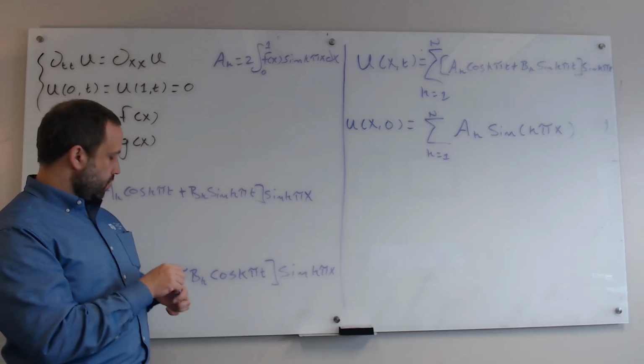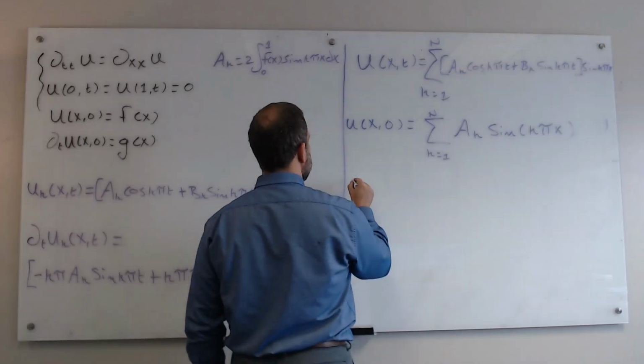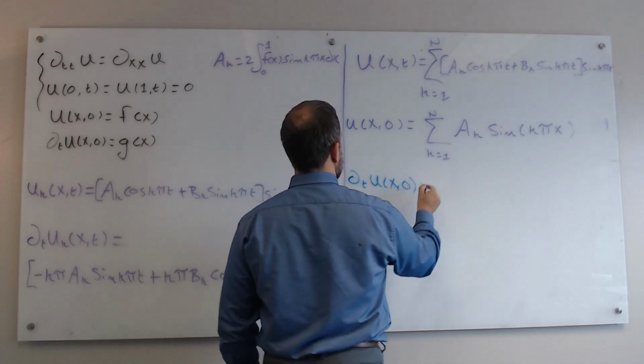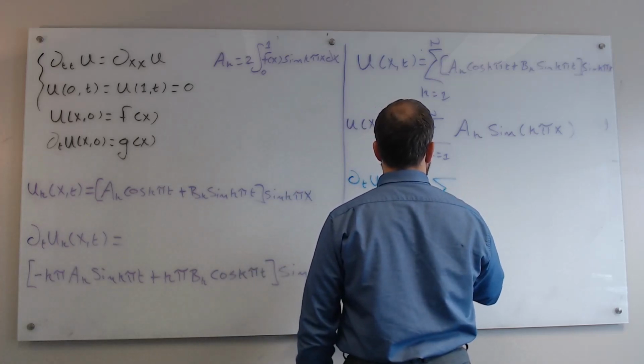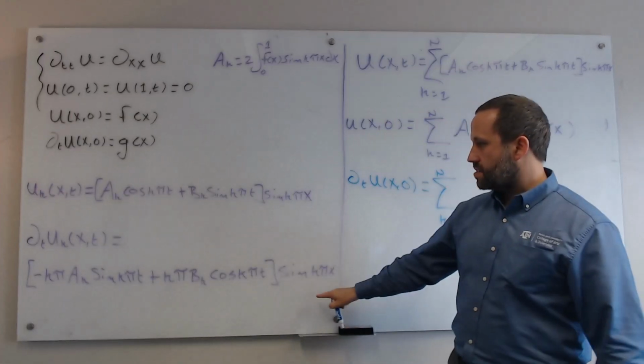Okay, now similarly, I need to see what happens when I take a derivative. So the t derivative of u at t equals 0 should equal g of x. Well, what's going to happen? I'm going to have the sum k equals 1 to n. This is the t derivative.